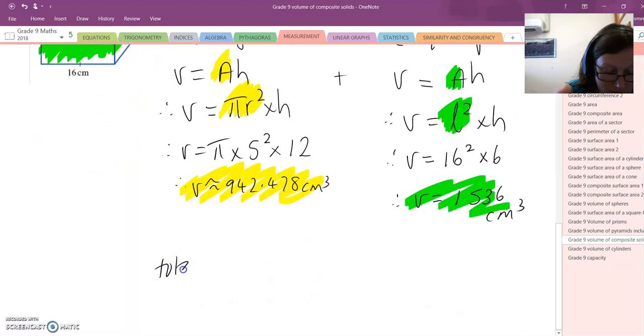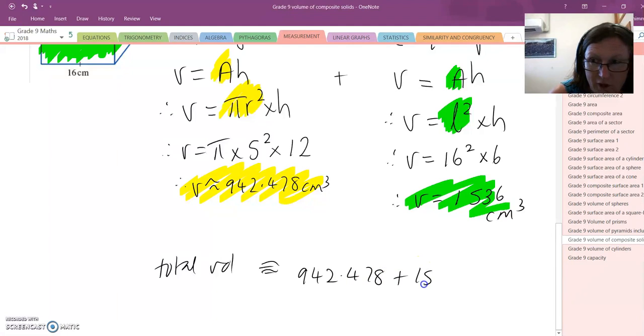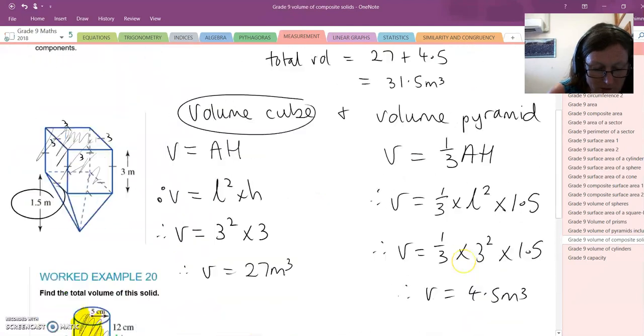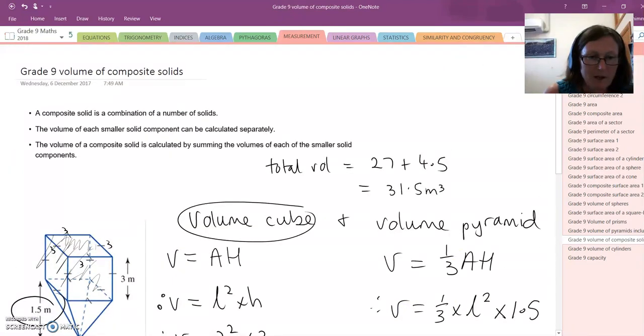So the total volume is approximately 942.478 plus 1536, which is approximately 2478.478 centimeters cubed.